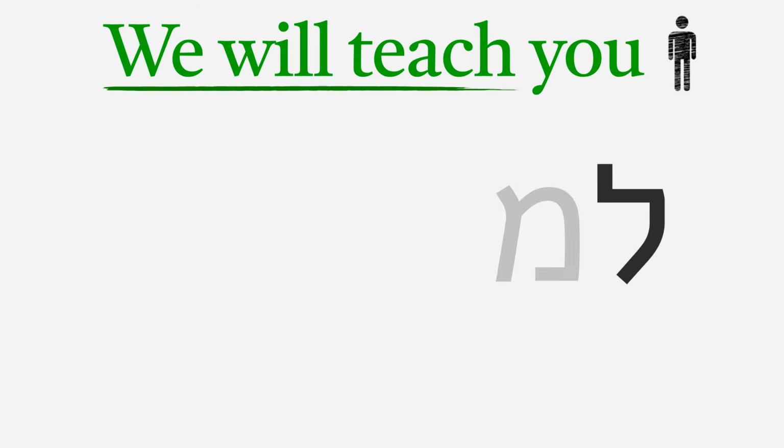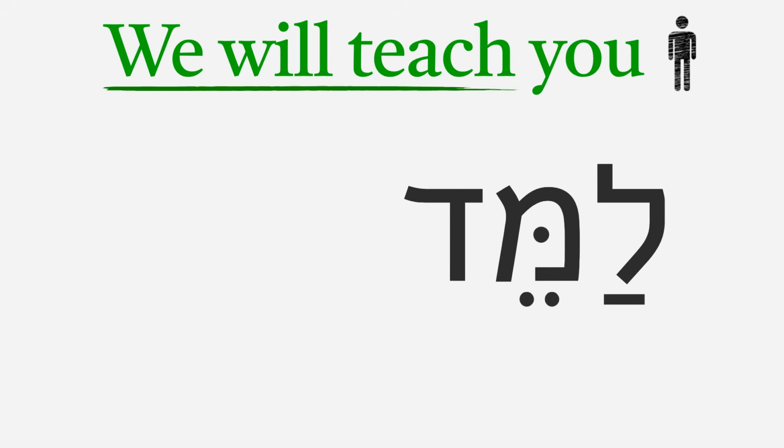Let's say we will teach you, where the you is masculine singular. The verb we will teach will be the anachnu form of the future tense of a piel verb from the root lamed mem dalet. The root letters in a piel future tense verb will have the same vowels they do in the infinitive, a patach, tsere, and dagesh.